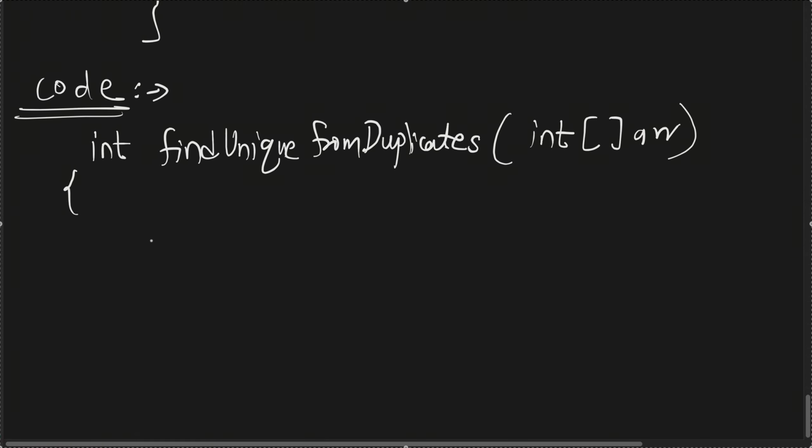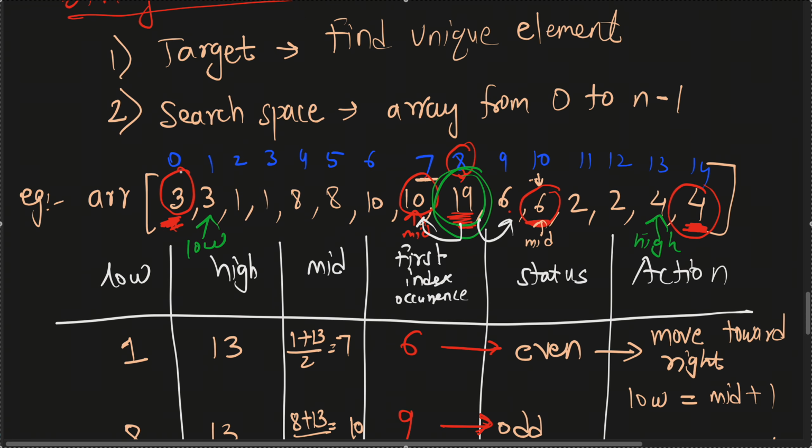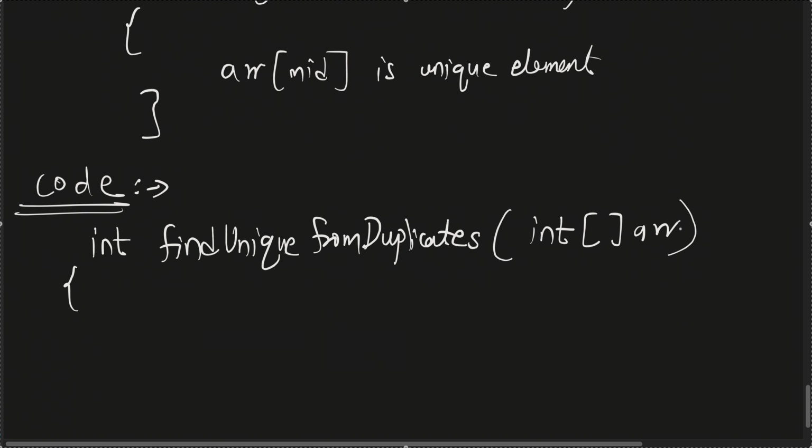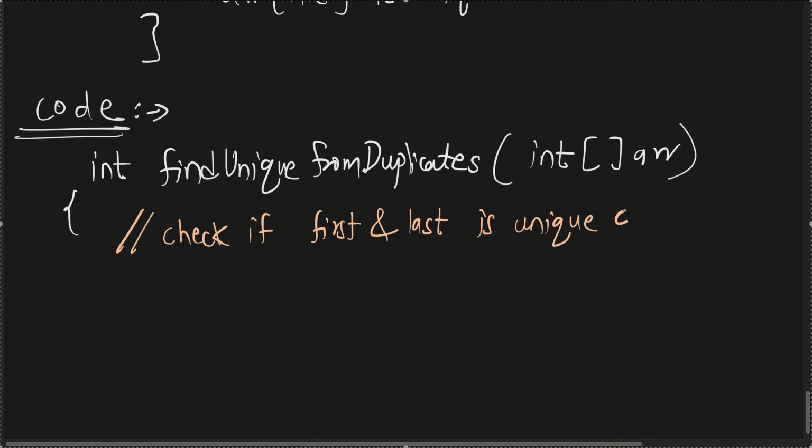Now, I have told you that for using binary search, for the first element and for the last element, we'll write separate conditions. We will check if the first and last are unique or not.